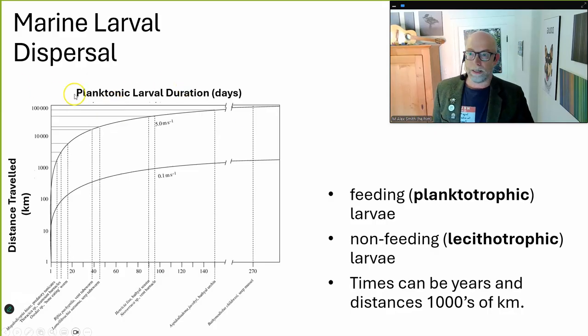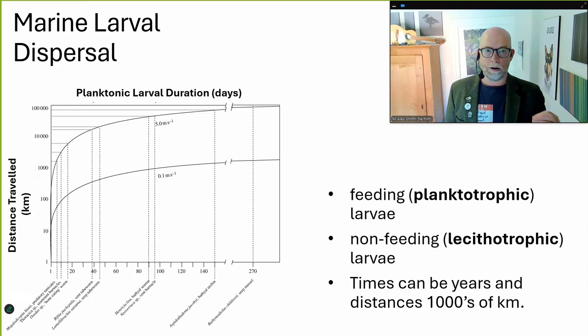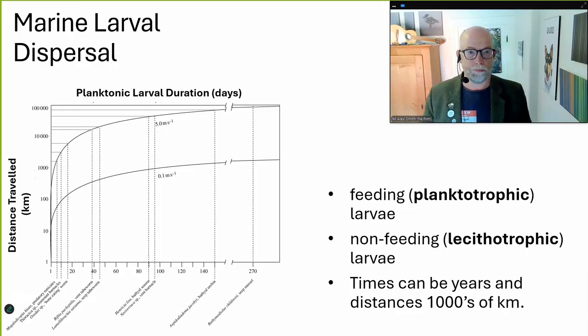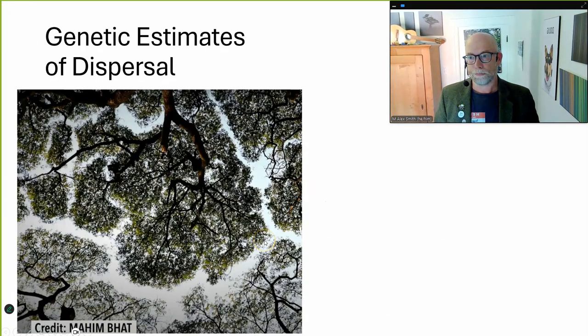But here in days and the distance traveled, you can see thousands of kilometers. And then there's the shape of these curves that would be modeled. That's not really the point of that particular paper, but you could investigate those kinds of things based on different larval strategies, potentially morphologies, and different smaller spatial scale experiments that let you figure out this dispersal kernel, it would be called.